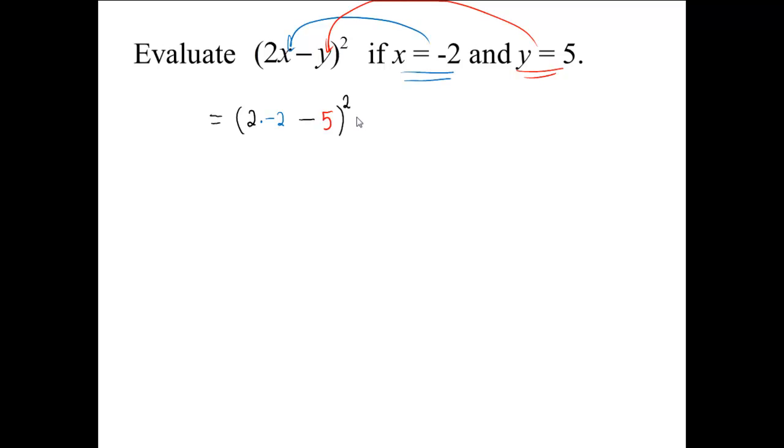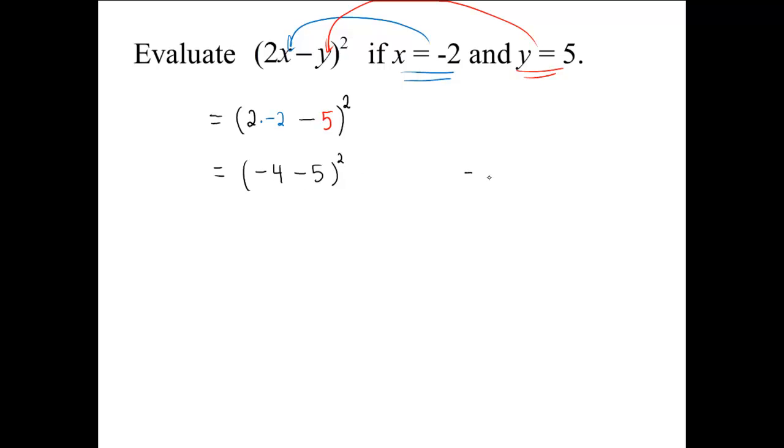This is all raised to the second power. Inside the parentheses we have a multiplication and subtraction. Multiplication takes priority. 2 times -2 is -4. So we have -4 minus 5 all raised to the second power.